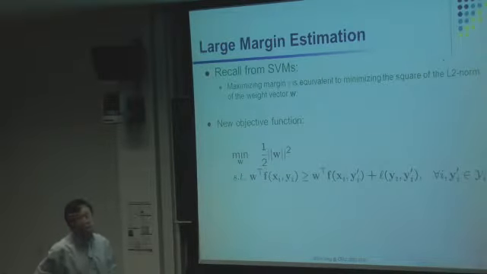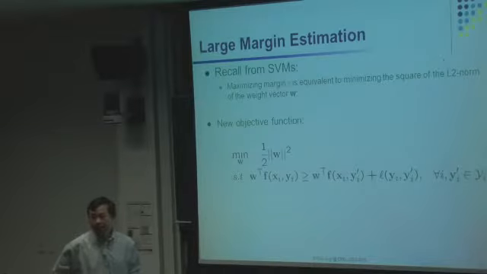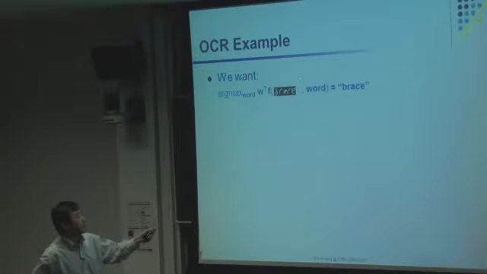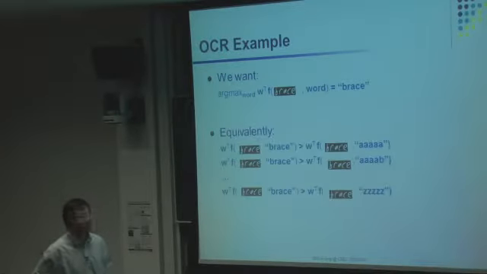But when translating to the structured SVM, we are going to have a lot more constraints. For example, in this case, we want to make sure that the correct label gets the maximum score in here. But what about all the other labels? There are labels like AAAA, this one. They are the alternative labels, which are incorrect. We want to first make sure that the score due to this label is going to be smaller than the right label, and also they should be separated by a sufficiently big margin.